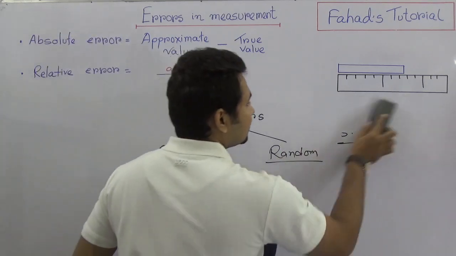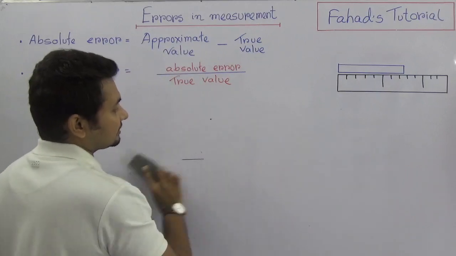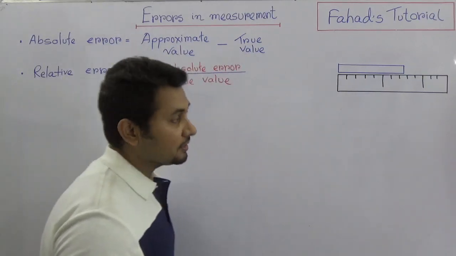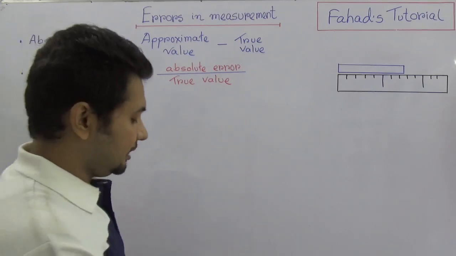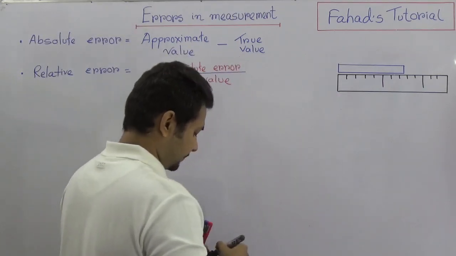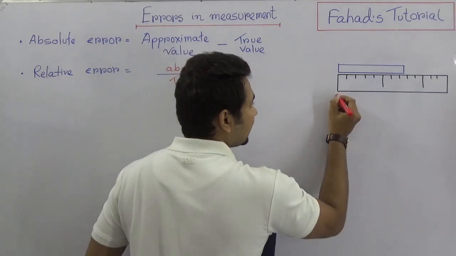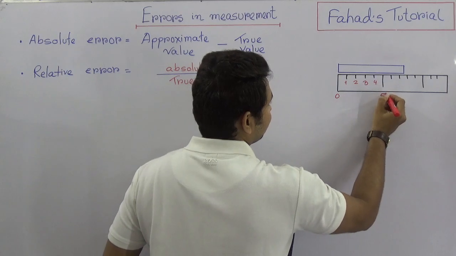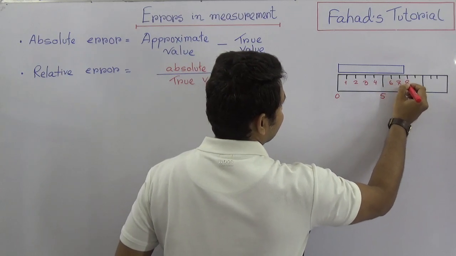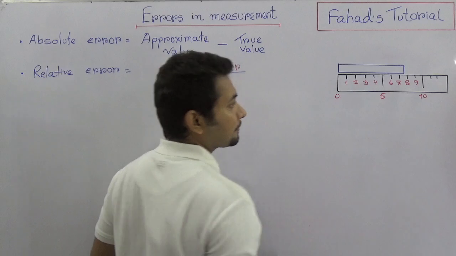Let's think about the picture that I'm giving here. In this picture, let's think that this scale is given in centimeter units. So this is 0, and 1, 2, 3, 4, 5, 6, 7, 8, 9, 10.